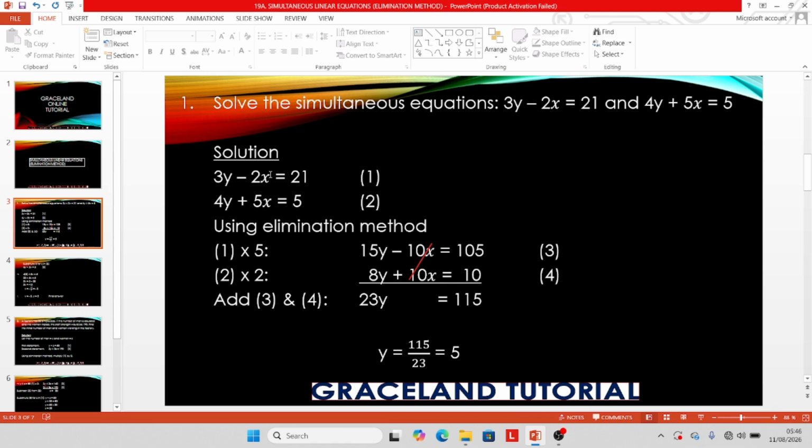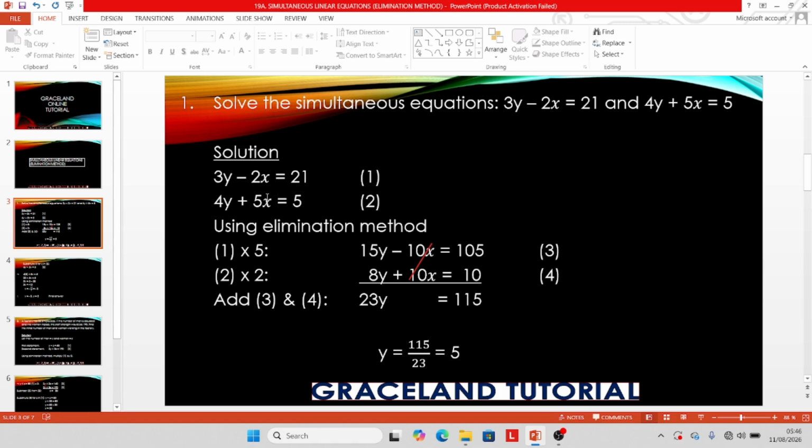Now, to eliminate x, I have to make sure that the coefficient of x in both equations are the same. How can I achieve this? If you look at equation 1, we have minus 2x, and in equation 2, we have plus 5x. So the coefficient of x in equation 2, which is 5, we multiply by all the terms in equation 1.